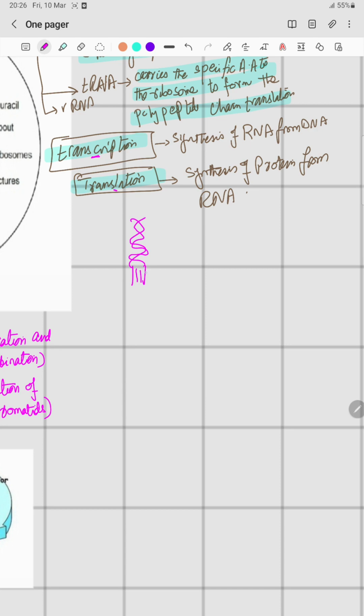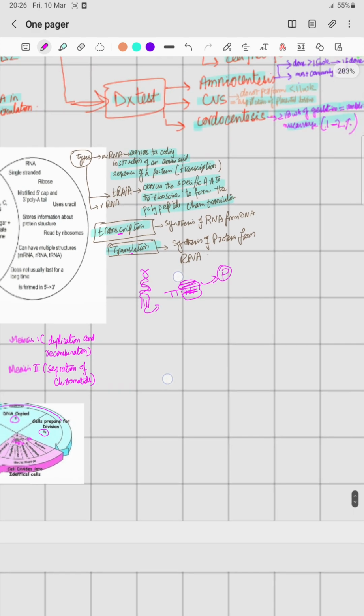So transcription is the process of synthesis of RNA from DNA, and then these RNAs are going to be translated. There will be some protein which is going to translate this RNA and convert it into a specific protein as an end product. So you understand how you are going to memorize transcription and translation: first we need RNA in order to form a protein. So transcription will occur first, and that mRNA is then translated into a protein.